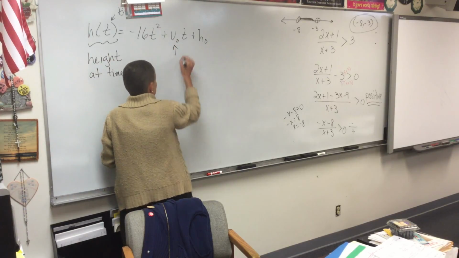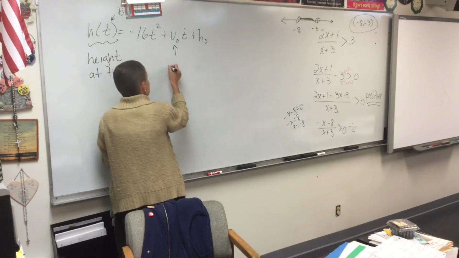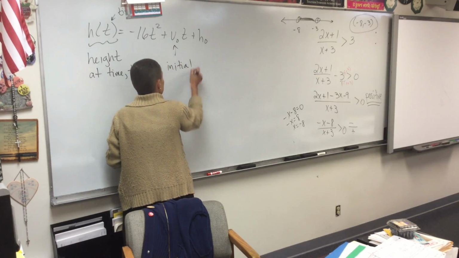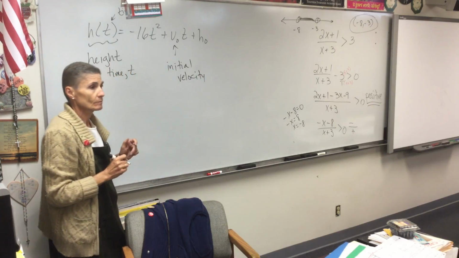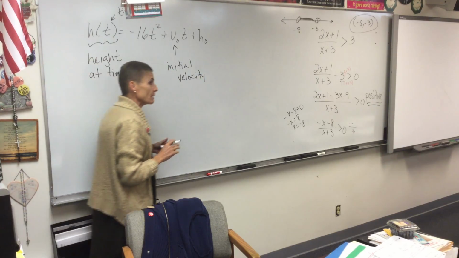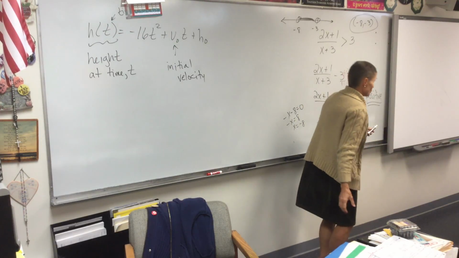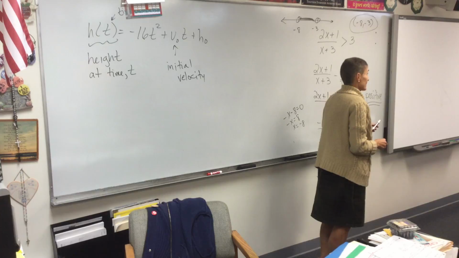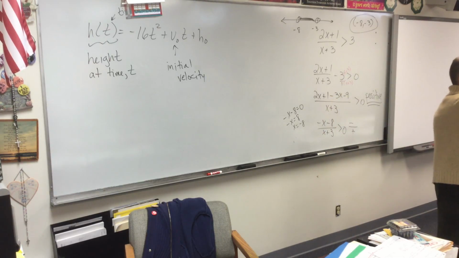V sub naught, or V sub 0, is the initial velocity of the object. So if you think about it, if you're going to throw a ball up in the air, you're releasing it with a certain velocity. Now, if I stand on the balcony holding a ball and drop it, the initial velocity is 0.